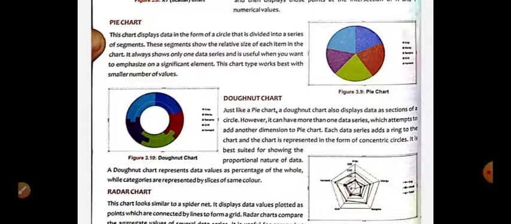A pie chart displays data in the form of a circle that is divided into a series of segments. These segments show the relative size of each item in the chart. It always shows only one data series, as I told you. Suppose you have to check from 2001 to 2020, in every 5 years, what is the population of a country.